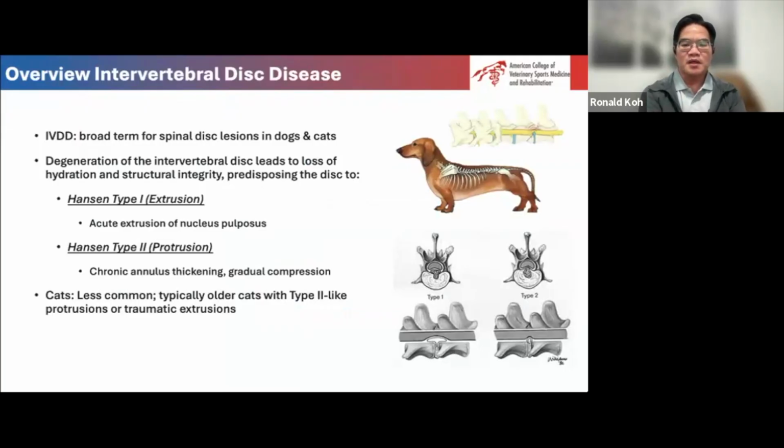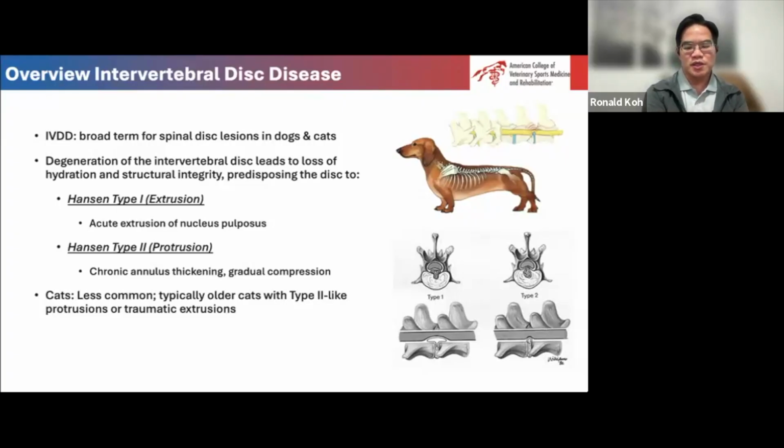Traditionally, we describe two main forms, Hansen type 1, or IVD extrusions. This is the classic chondrodystrophic dogs like Dachshunds. The nucleus pulposus acutely extrudes through the ruptured annulus, often with a very sudden onset of pain and neurologic deficit.